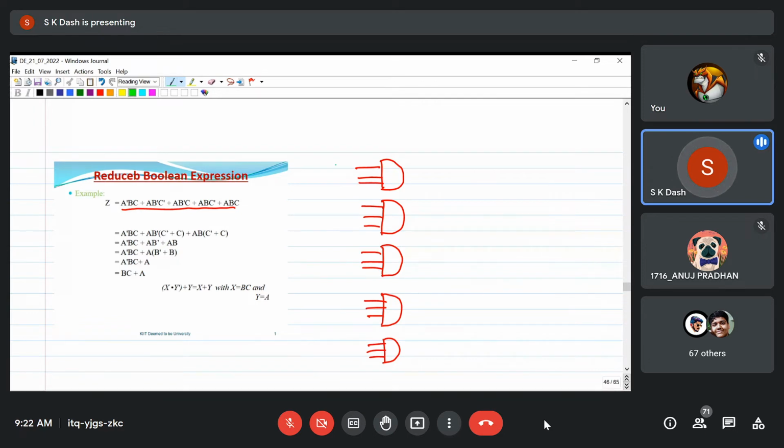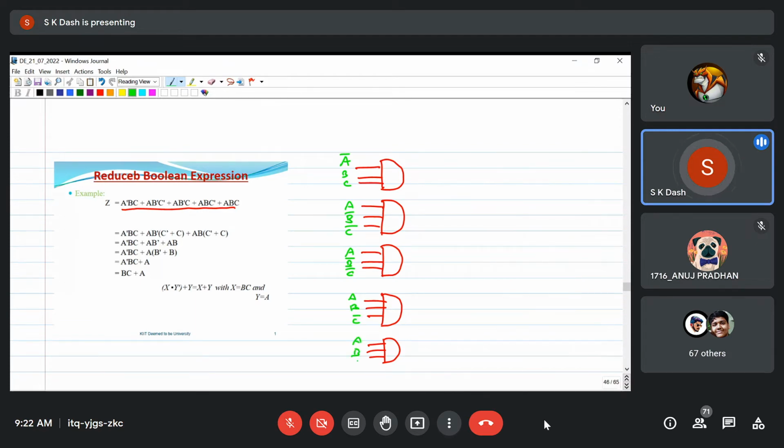For the first AND gate, inputs will be A bar, B, C. For the second one, A, B bar, C bar. Third one's inputs will be A, B bar, C bar. Fourth one, A, B, C bar.